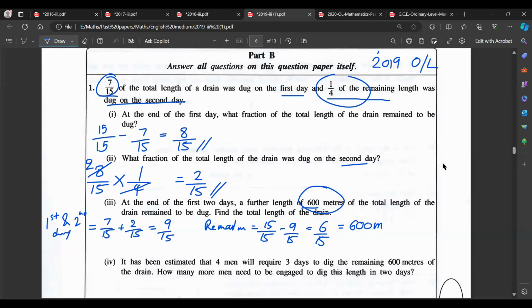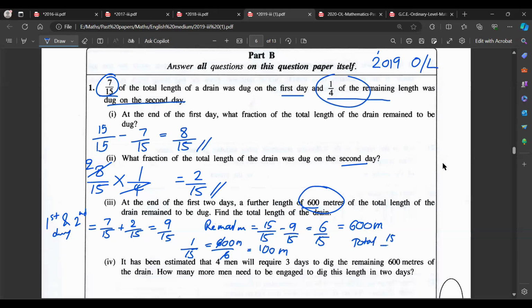If 6 parts is 600 meters, then 1 part, you have to divide that one by 6. 6 parts, 600. 1 part is what? 100 meters. So 1 part is equal to 100 meters. They ask for the total length.